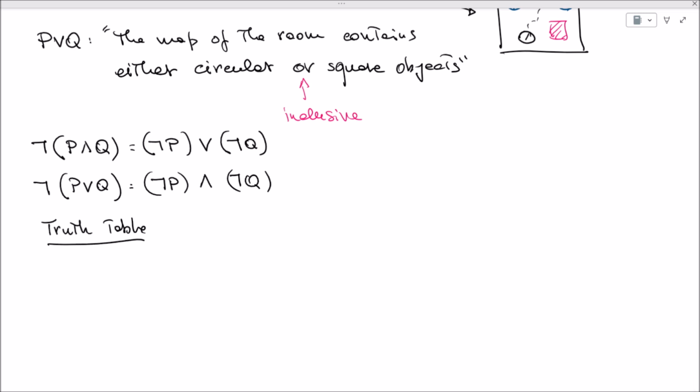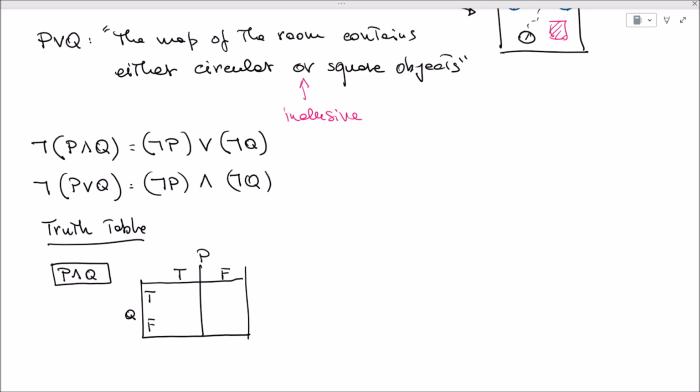Let's build, for example, the truth table for P and Q. We can represent all possible values of P with true and false, all possible values of Q with true and false, and then we just need to build a table to represent all possible combinations.